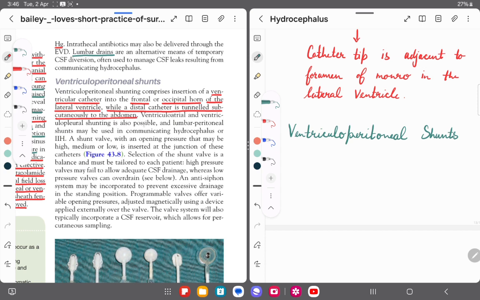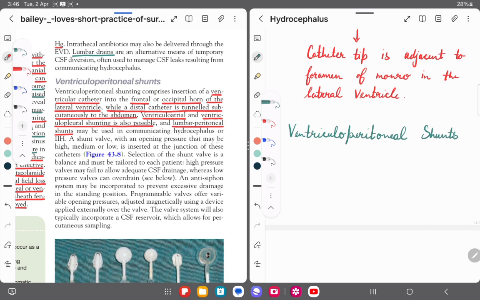Ventriculoatrial and ventriculopleural shunting is also possible. And lumbar peritoneal shunts may be used in communicating hydrocephalus or idiopathic intracranial hypertension.